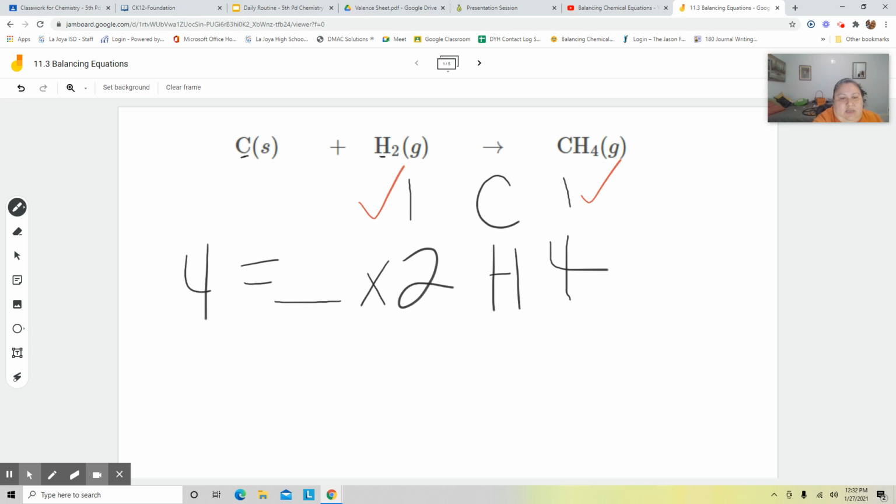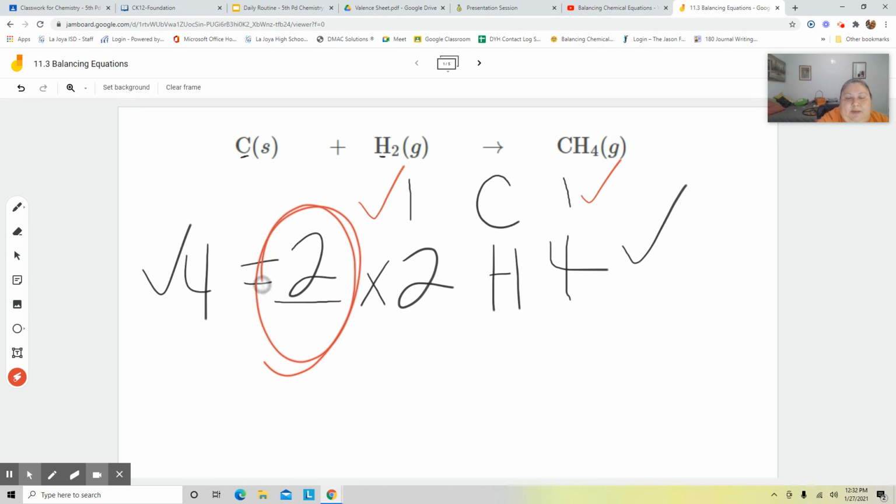A 2, okay? So I'm going to put a 2. Now they balance. I got a 4 and I got a 4. But my question, okay, what number did I multiply by? I multiplied by 2, so that number needs to go here so that we can have the correct number of atoms.